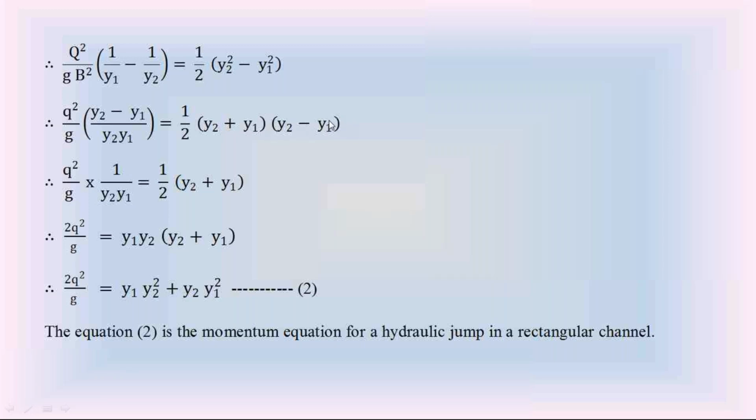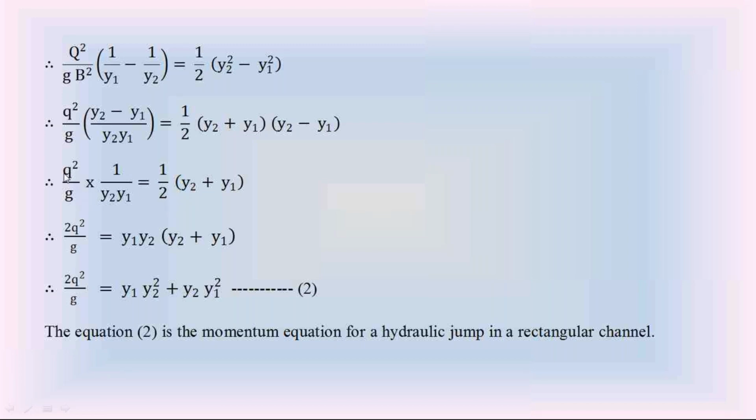So cancel this y2 minus y1 on both sides. We cancel only the numerator, y2 minus y1, on both sides. Then this equation becomes q square by z into 1 by y2 y1 is equal to half into y2 plus y1. Bring this y2 y1 to the right side and this 2 to the left side.